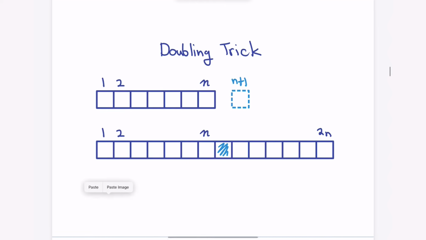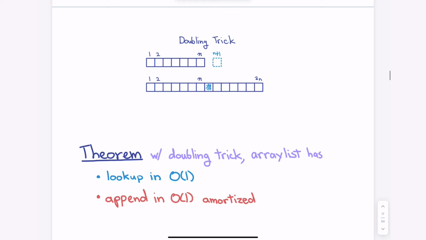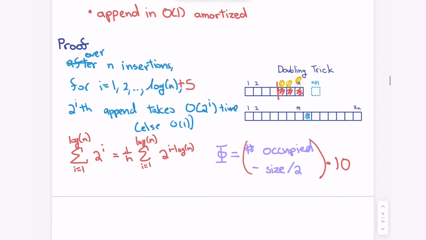We showed that it gets constant amortized time, even though it might look really bad for a single operation. Always in hindsight, on average, you're going to be okay. Good, so we did that.